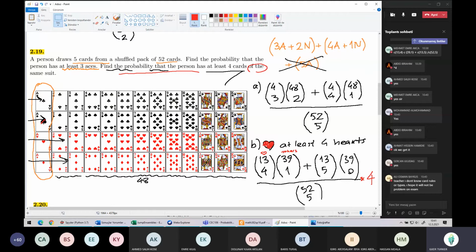We have 52 cards consisting of 4 suits. Each suit consists of 13 cards, and each suit is from 1 to 13. 1 is denoted as ace. After 10, they use letters: jack, queen, and king. That's all. We don't use more sophisticated questions. This knowledge is sufficient.